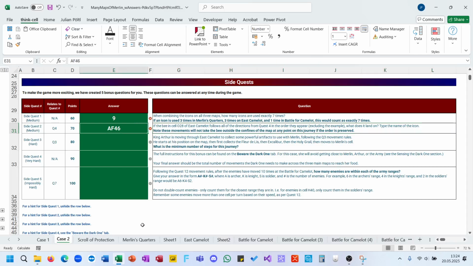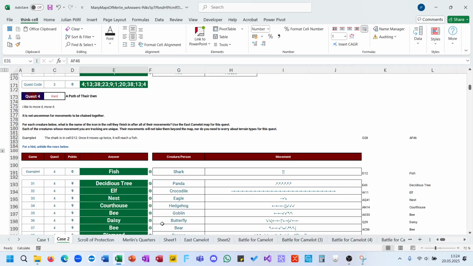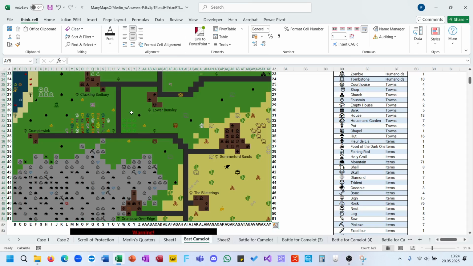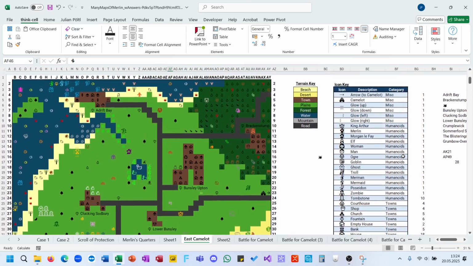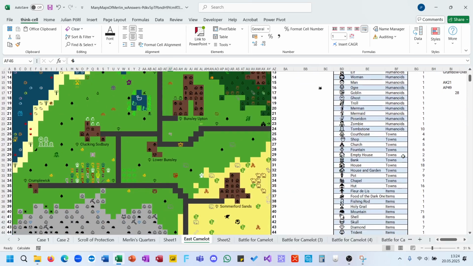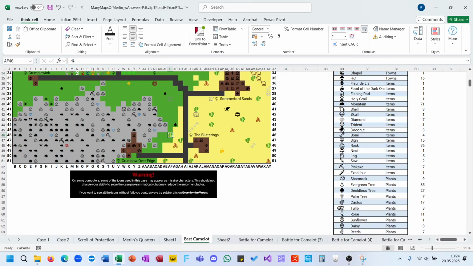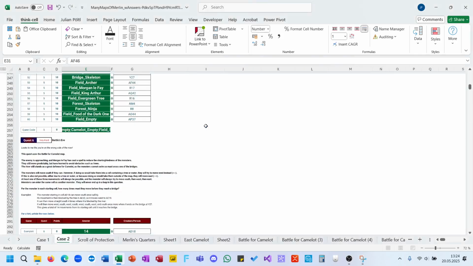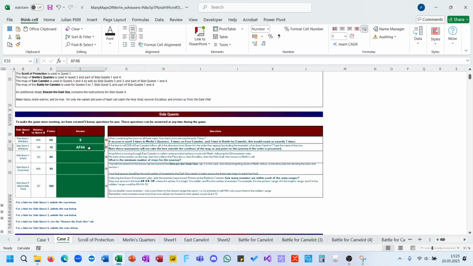Name of the icon. It's in the East Camelot map. AF46. It's a cactus. Cactus. This is so annoying.